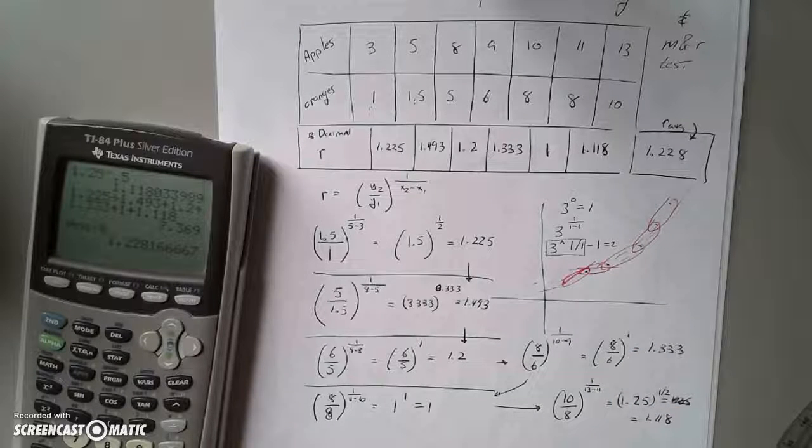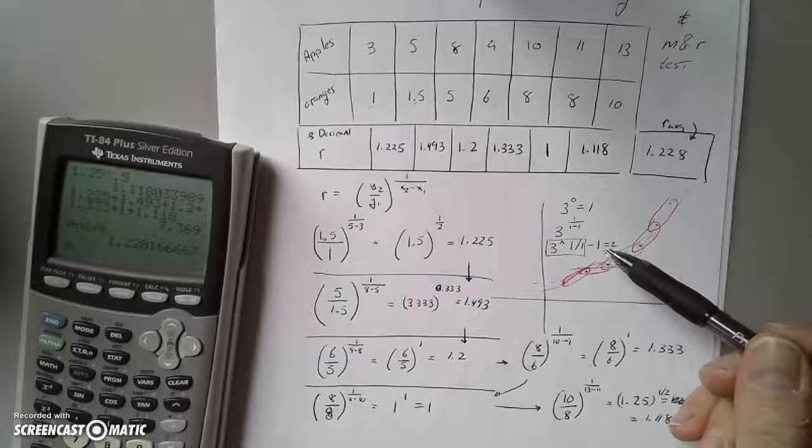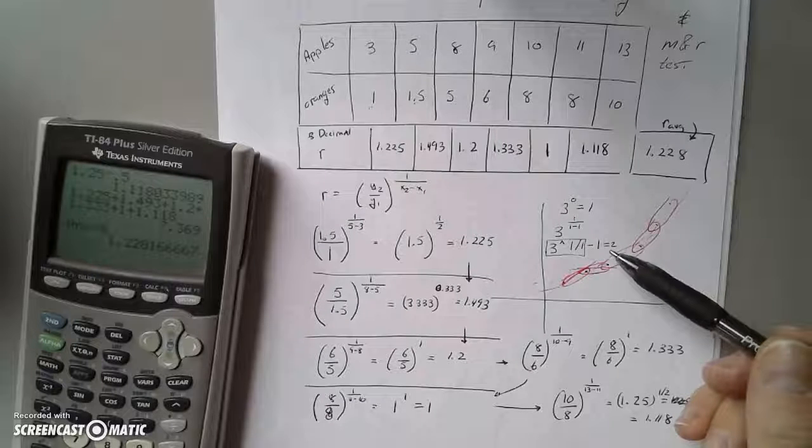So if you're not getting the same answers and you think you're using the calculator incorrectly, do something on your calculator you know the answer to, and if you don't get the right answer, then it's probably a calculator issue.